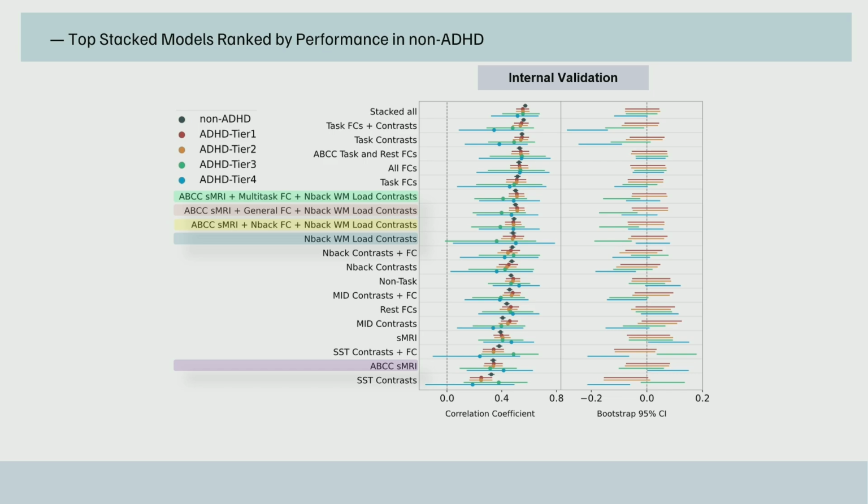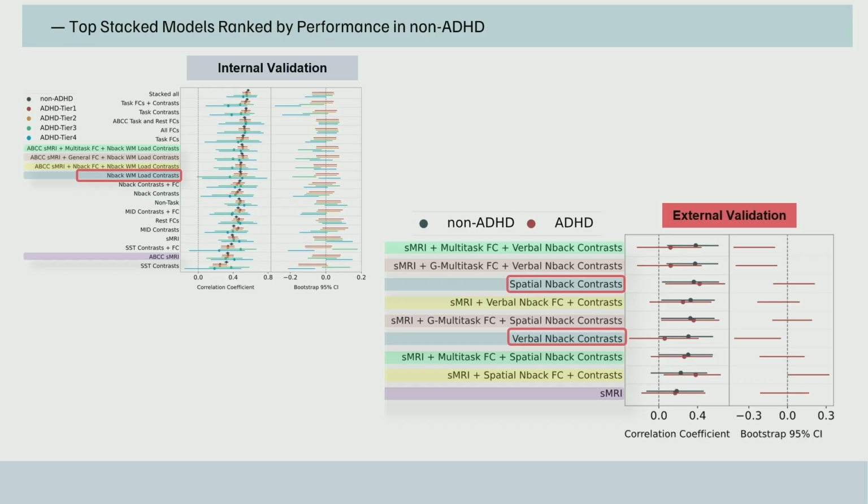And also, what you can see is that mostly functional connectivities are the ones that are performing much better, and they are highly ranked. So the models that are highlighted here are the ones that were applicable to our external validation set. And there you can see that 6 out of 9 stacked models, again, showed no significant difference between non-ADHD and ADHD group.